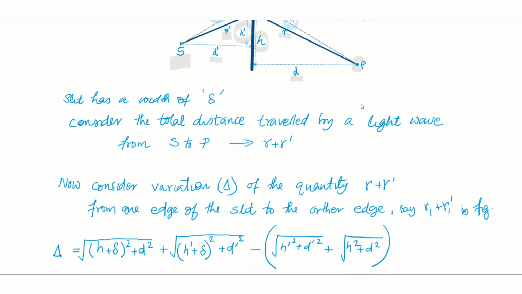We are interested in the interference, so the difference between the two, that is r1 plus r1 prime minus r prime plus r. Let's call it the path difference between the two extreme waves.